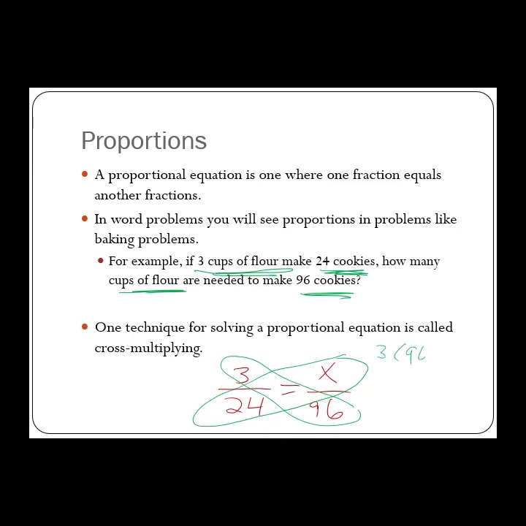So 3 times 96 equals 24 times x. 3 times 96 is 288 equals 24x. And then we're going to divide both sides by 24, and we get 12 equals x. So we'd need 12 cups of flour to make 96 cookies.